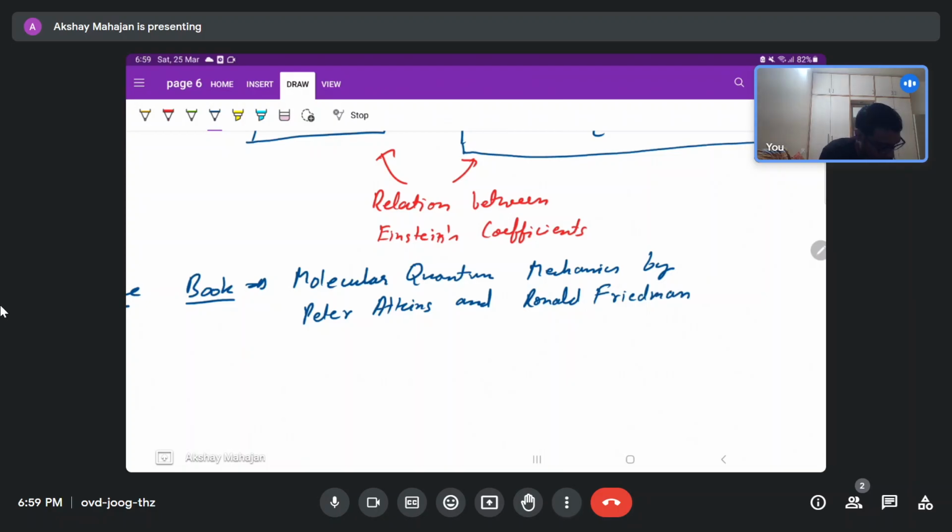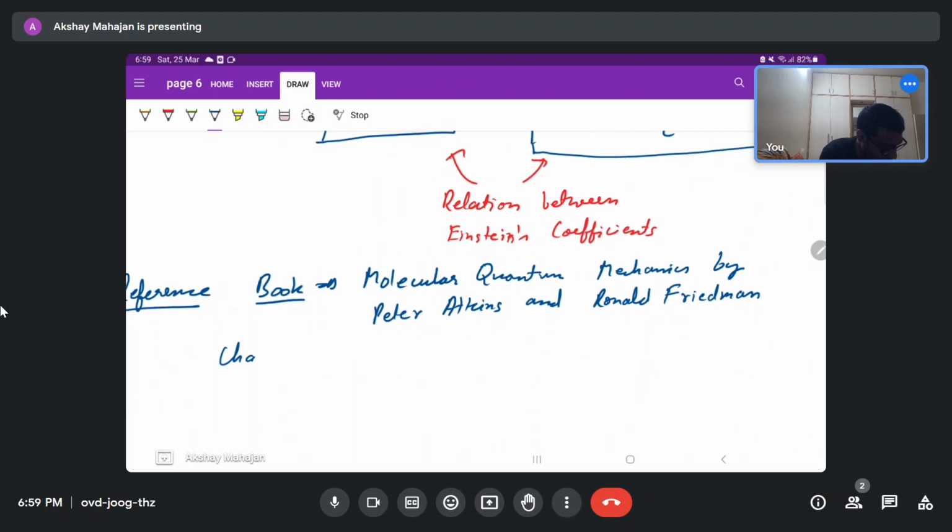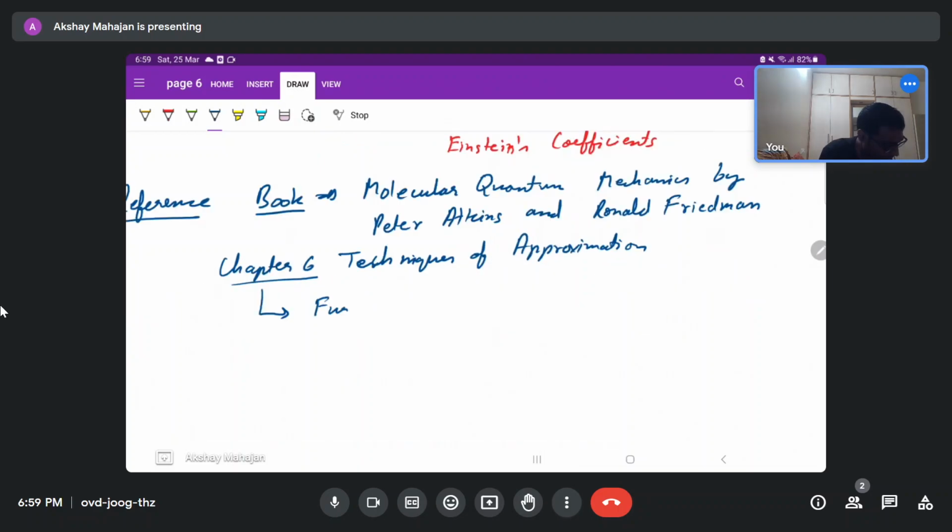In this reference book, chapter 6, techniques of approximation, please go through the further information.